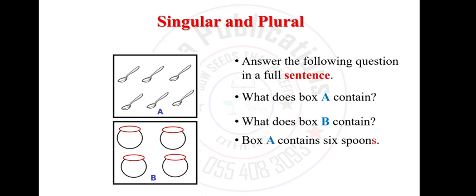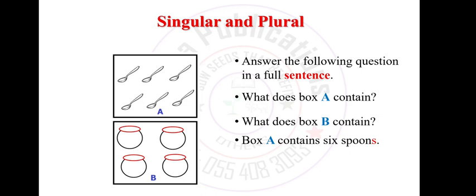Because box A contains more than one spoon, we say spoons. We put S at the end of the singular noun.